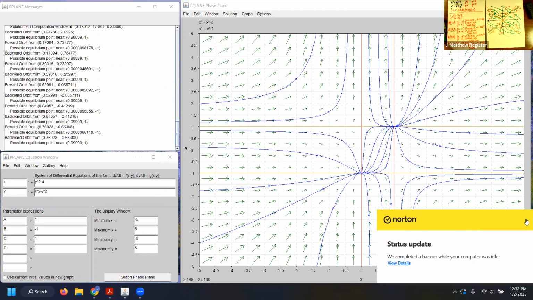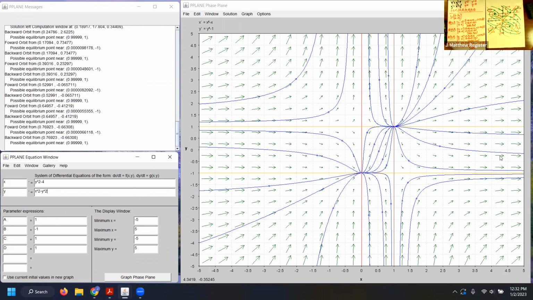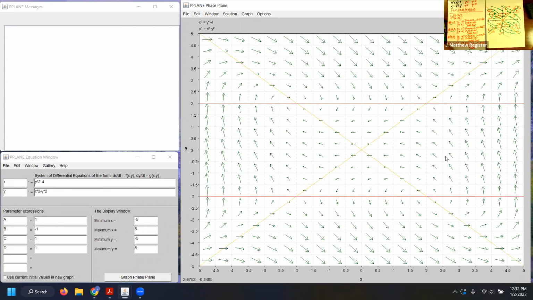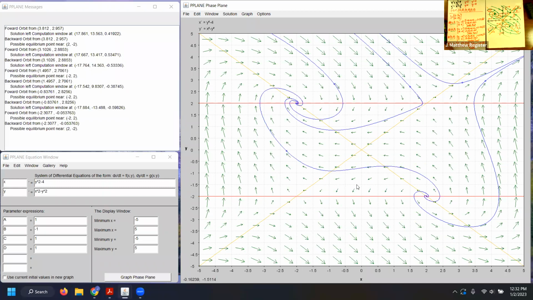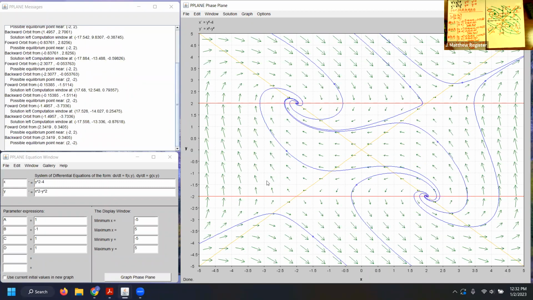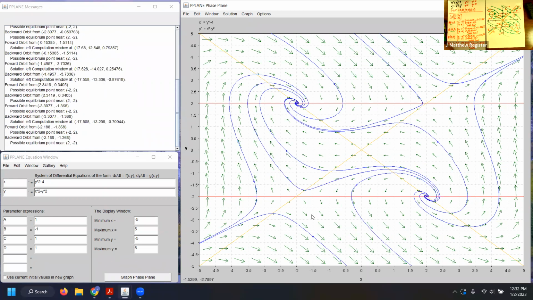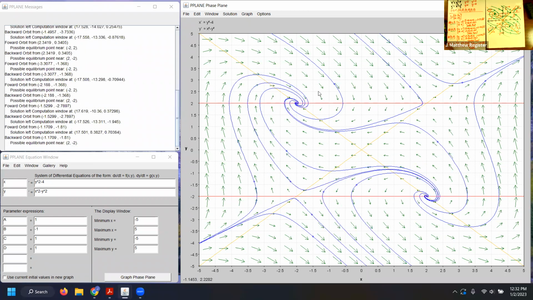And Norton is telling me stuff, which I don't need to know. And let's graph this phase diagram. And so there are the nullclines, which we had. We can choose some points. And it becomes fairly clear what's going on just by choosing a few points around each of these.